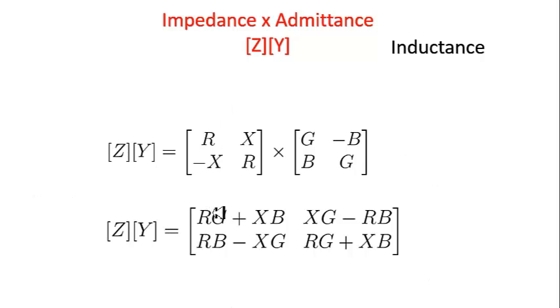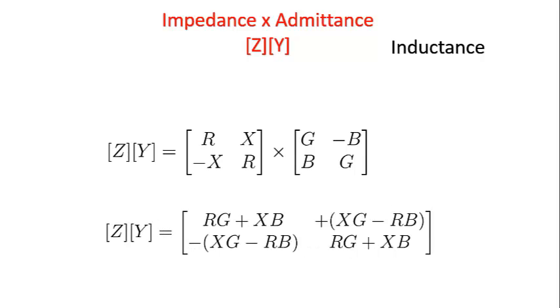So you can see that the RG plus XB is on the forward diagonal, and we've got XG minus RB over here, and we've got RB minus XG over here. These are inverses of each other. And so we can group them more like this.